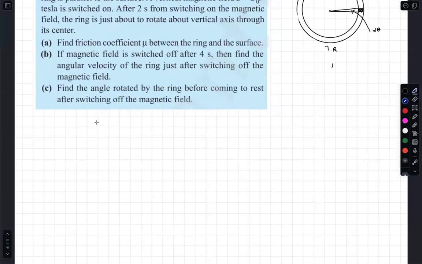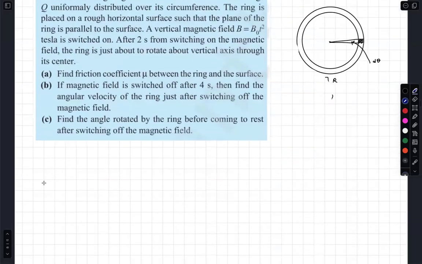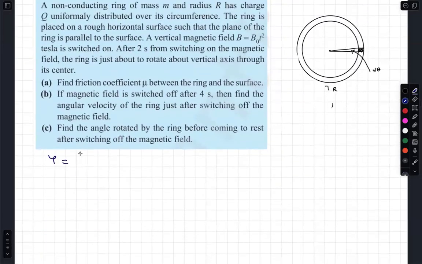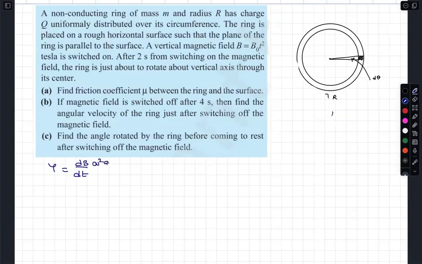What is happening here? I told you earlier that we can use torque. Here dB/dt is 2B naught t. Now remember, earlier the torque was a constant. Here torque is not constant.